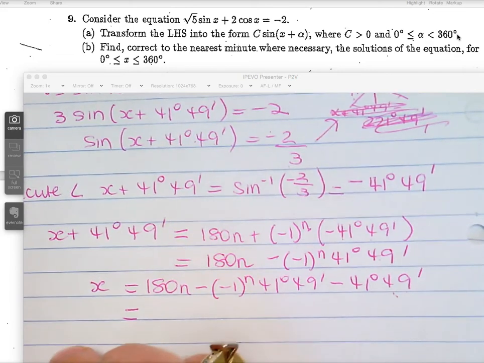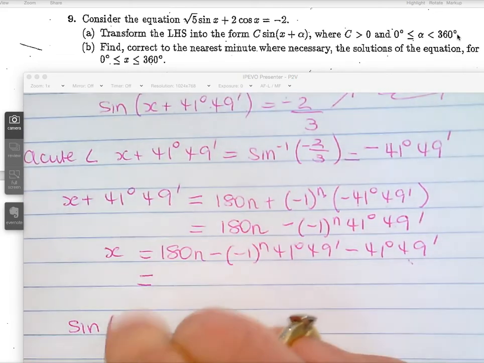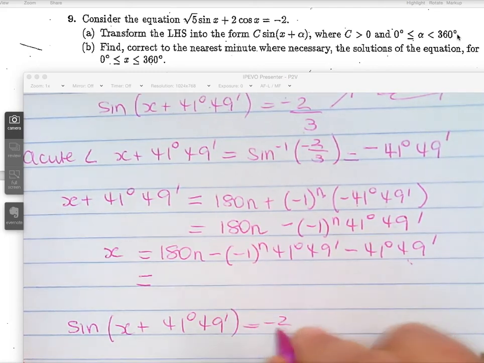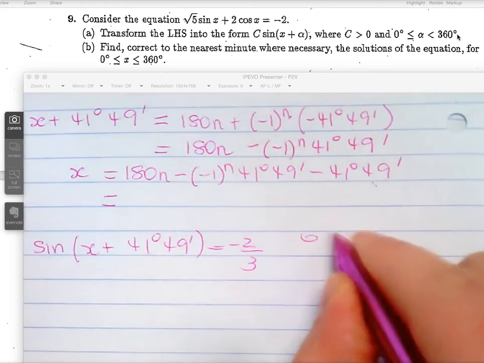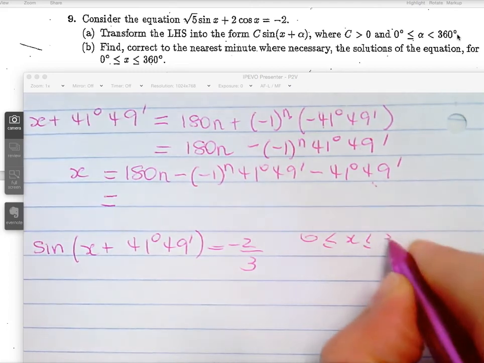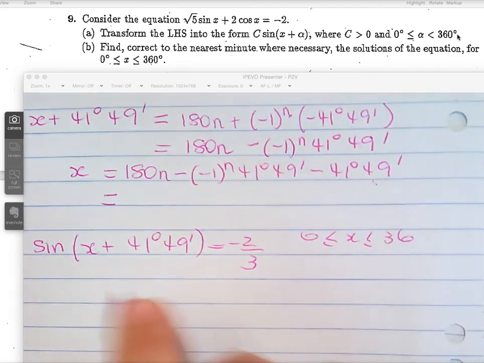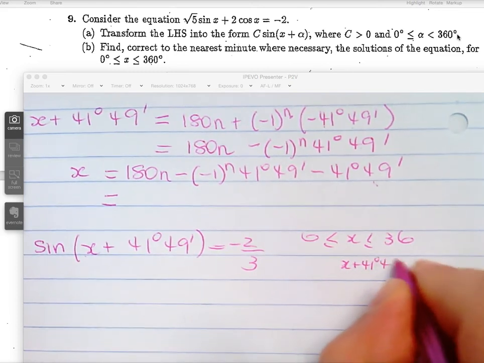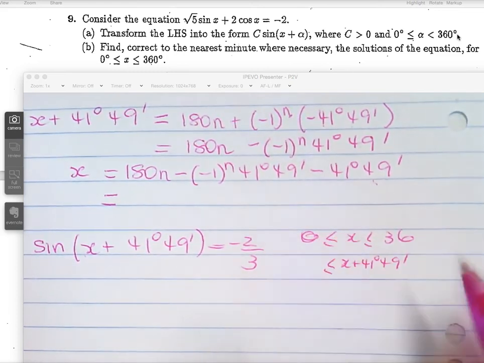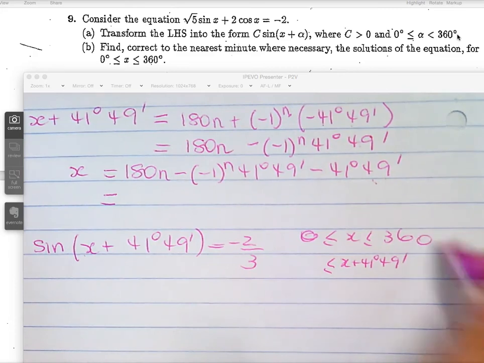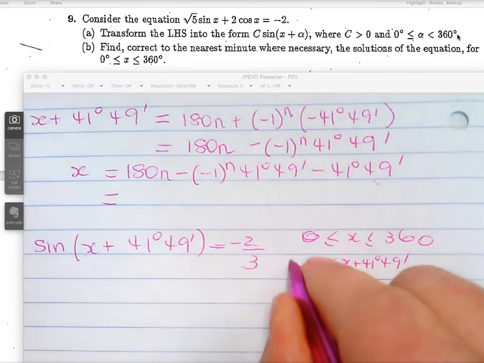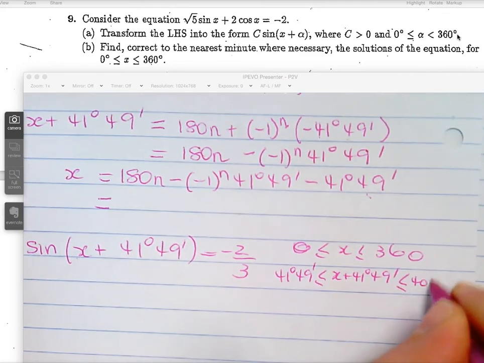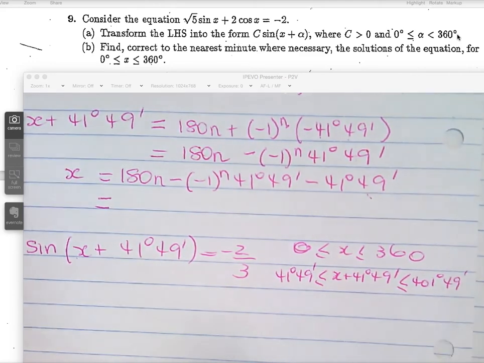Now, if you were to do it the other way, just the two solutions, like we were about to do. Let's say you just want 0 to 360. Well, I'm not doing just x, I'm doing x plus 41/49. So I add 41/49 to each of these parts, and I'm going from 41/49 all the way to 401/49.